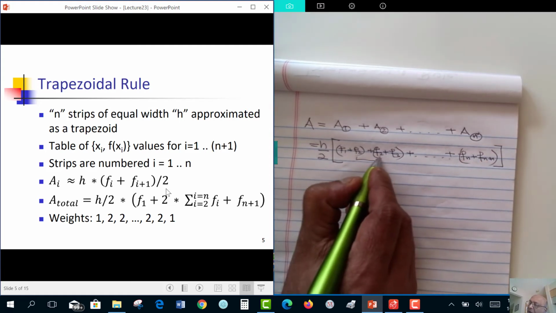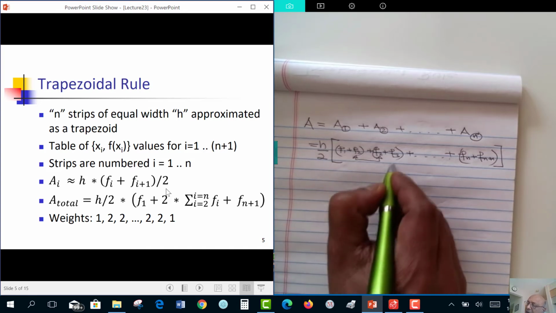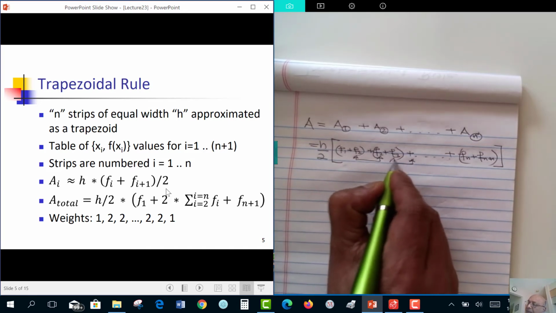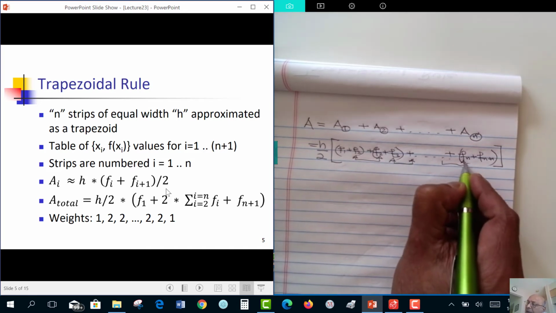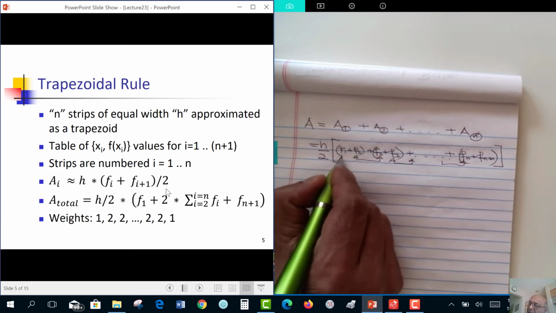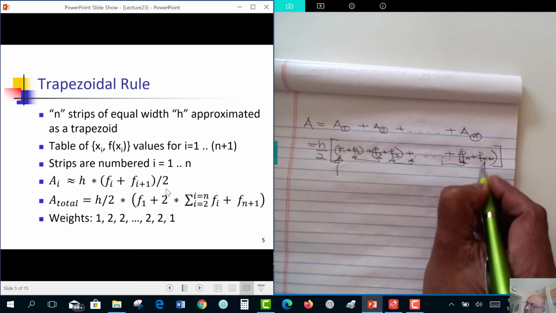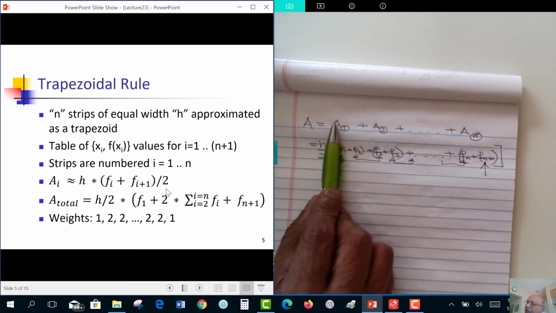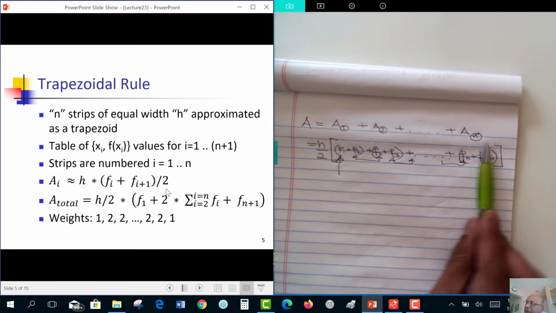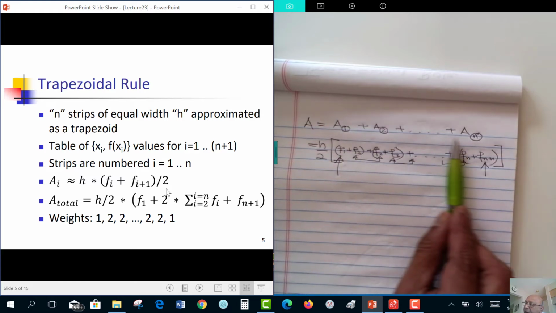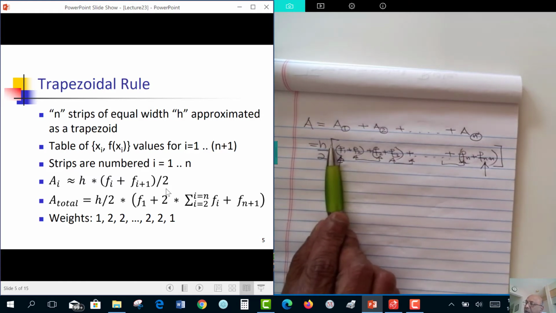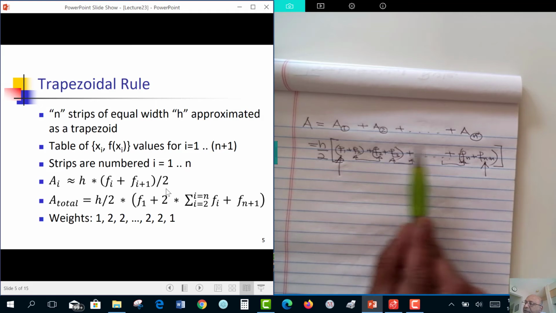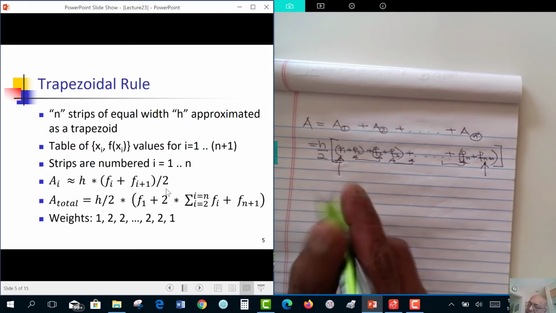So you can see all the interior function values appear twice, but the end values appear once only. So the end values have a weight of 1, whereas interior values have a weight of 2, and we are doing a weighted function sum.